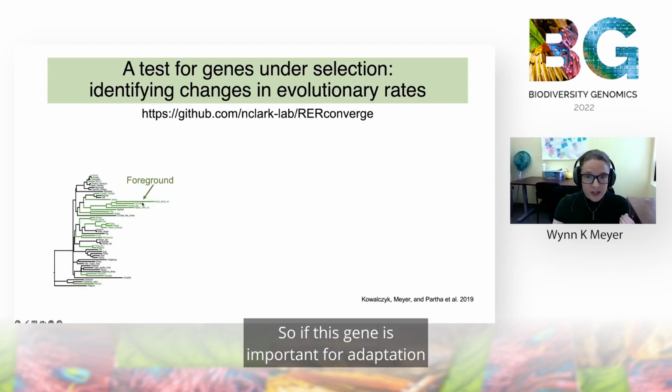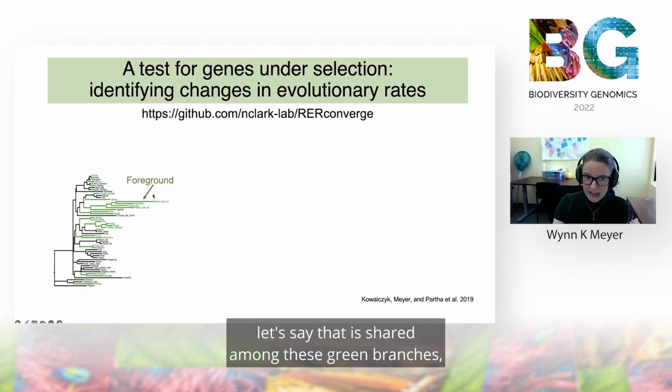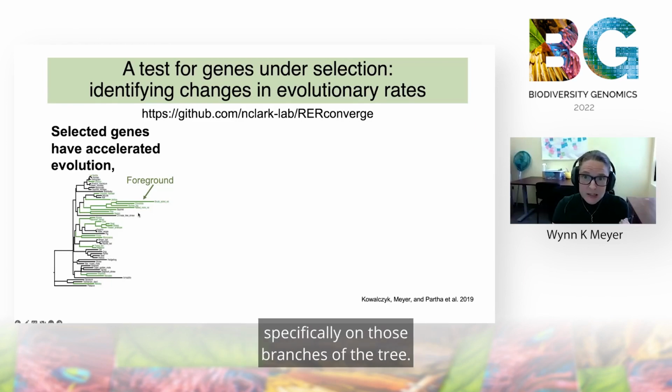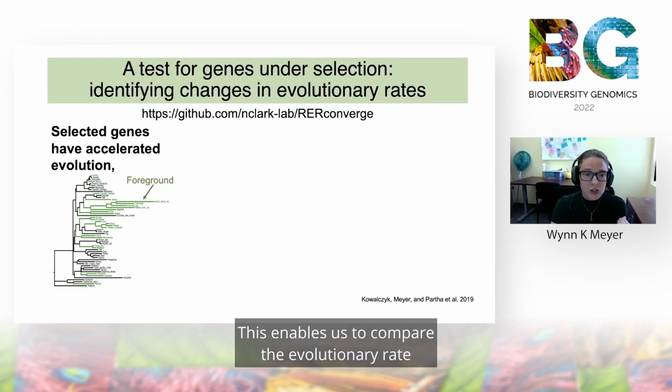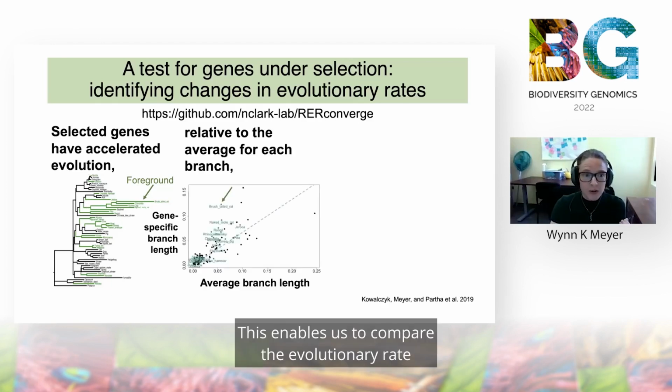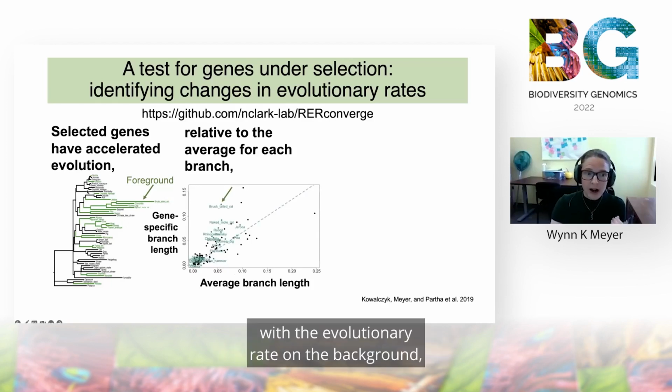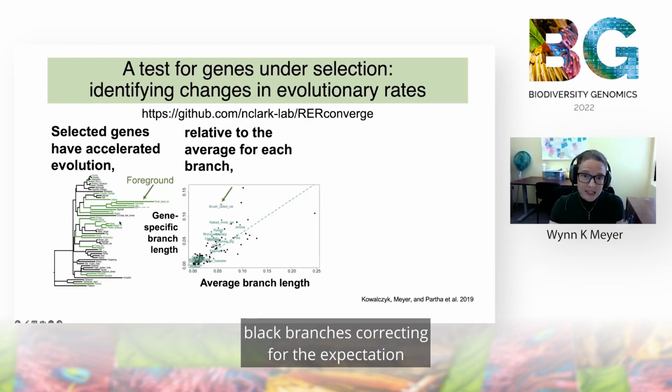So if this gene is important for adaptation to a particular diet that is shared among these green branches, then this gene will show accelerated evolution specifically on those branches of the tree. This enables us to compare the evolutionary rate on these foreground branches with the evolutionary rate on the background black branches, correcting for the expectation based on the genome-wide evolutionary rate.